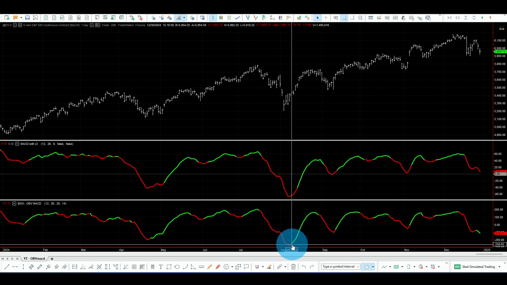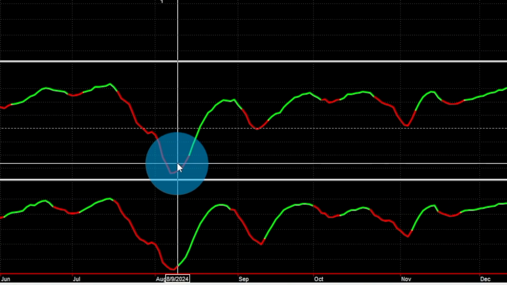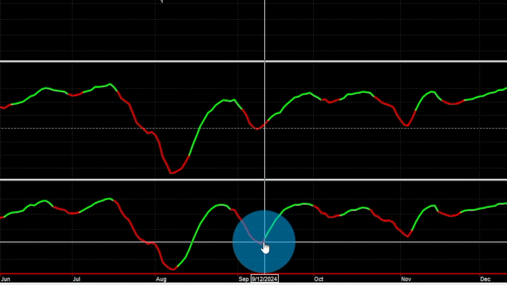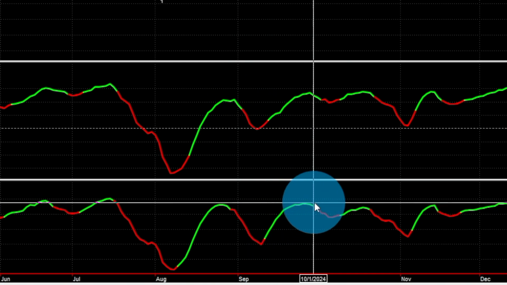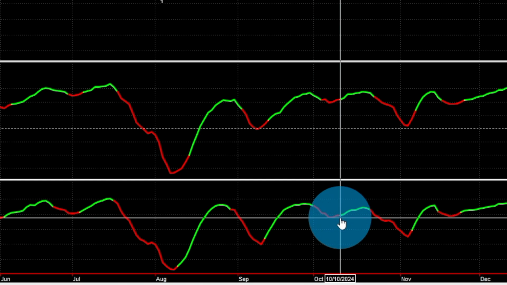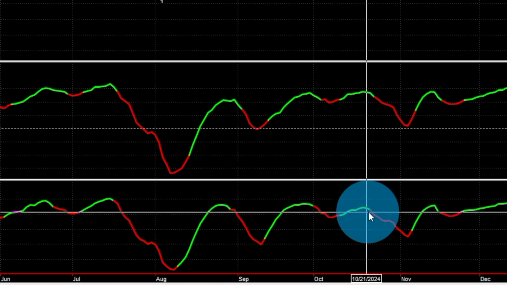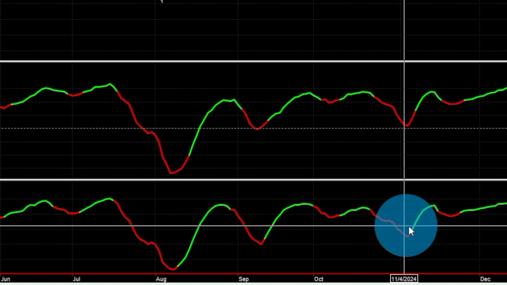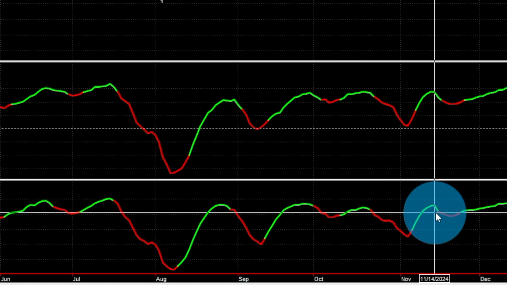And as you can see, look at this. It switched to green before this one and it switches to red before this one. Again here, it switches to green before and it switches to red before. And this one switches to green at the same time, but switches to red just 1 bar before that. Here it switches to green before and switches to red 1 bar ahead.